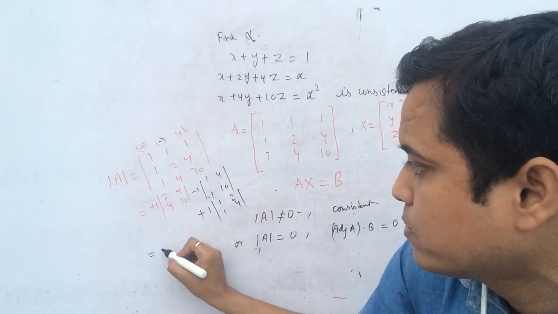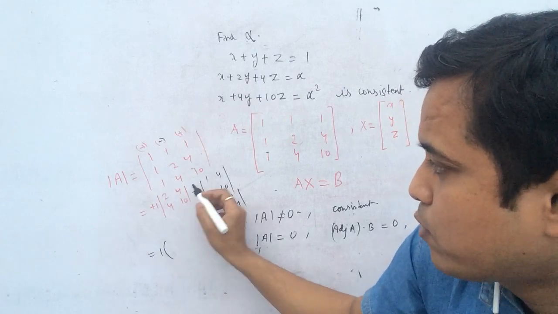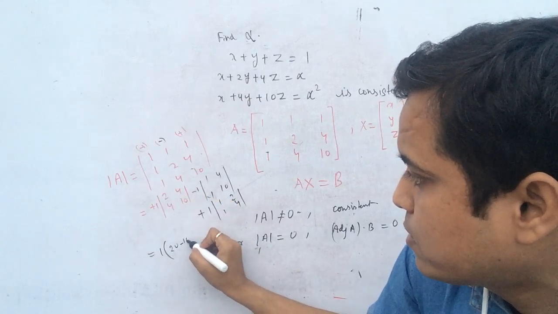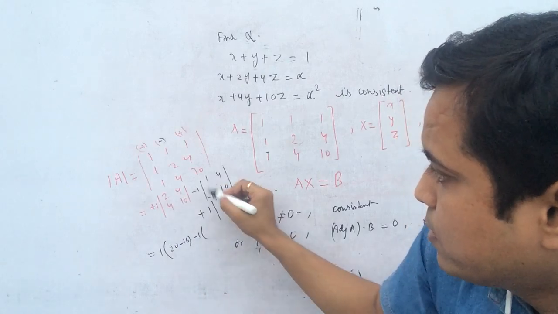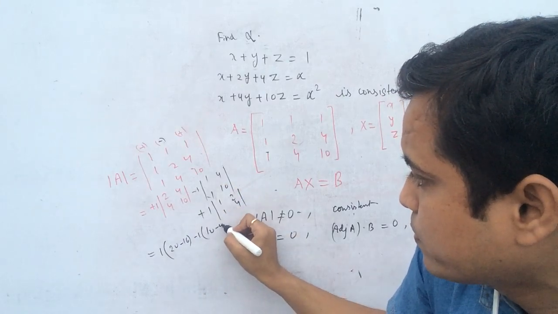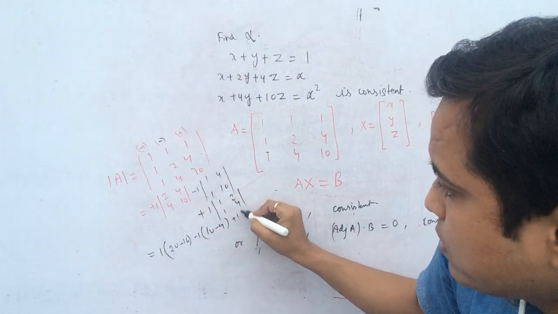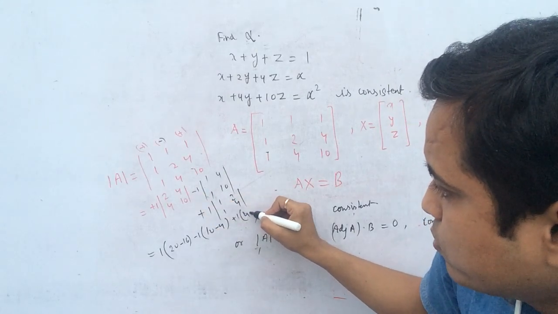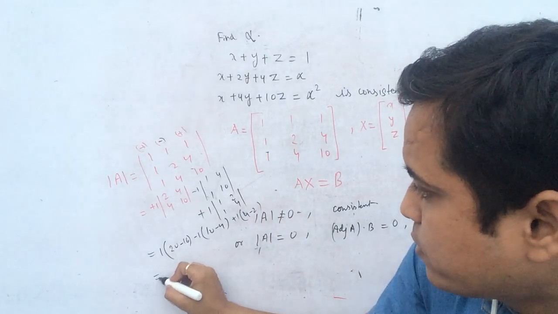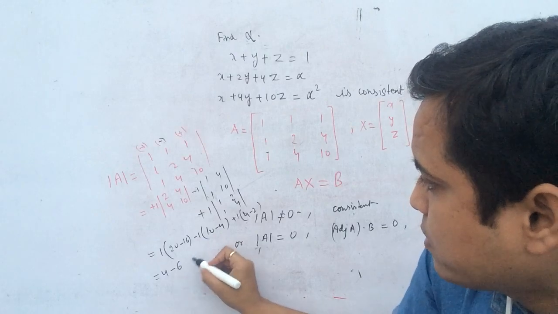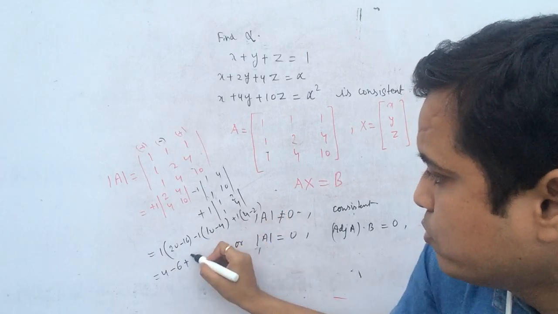Now solve this. 1 times 20 minus 16, minus 1 times 10 minus 4, and plus 1 times 4 minus 2. So it is 4 minus 6, which is minus 6, plus 4 minus 2, which is 2.